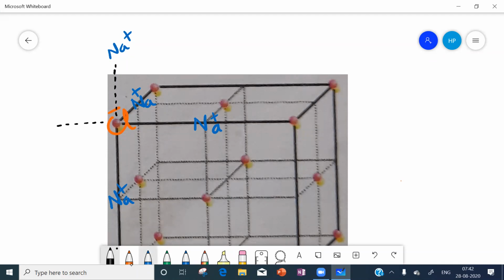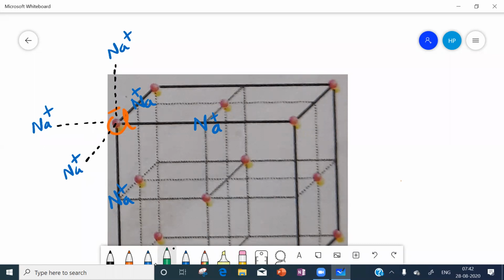We are continuing here. For Cl-, the nearest neighbor is Na+. Now we will continue in this direction.